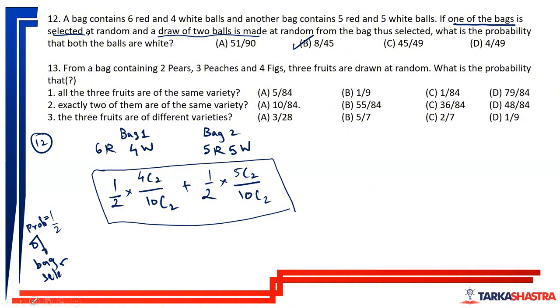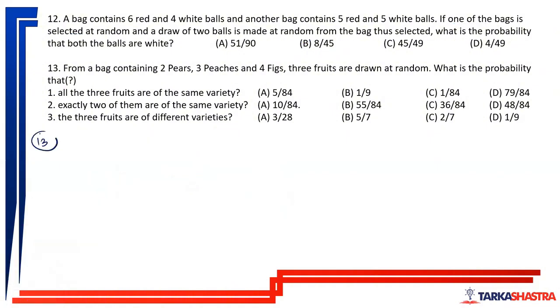Okay, moving forward to 13th question. From a bag containing 2 pears, 3 peaches and 4 figs, 3 fruits are drawn at random. So total cases are 9C3. 9C3 is how much? 7 times 8 times 9 upon 1 times 2 times 3, so 84.